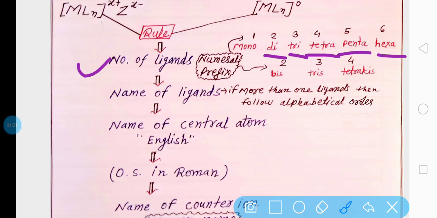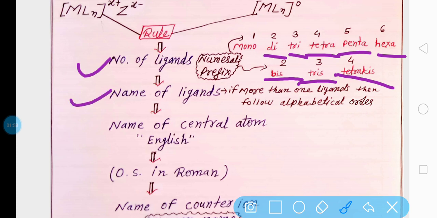Some ligands, like ethylenediamine, are already numerically substituted. Then you don't have to write di, tri, tetra. You have to use bis for 2 ligands, tris for 3 ligands, and if there are 4 ligands then you have to use tetrakis. Clear? So after the number of ligands you move on to the name of ligands.